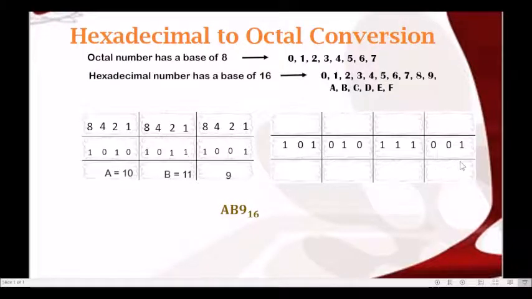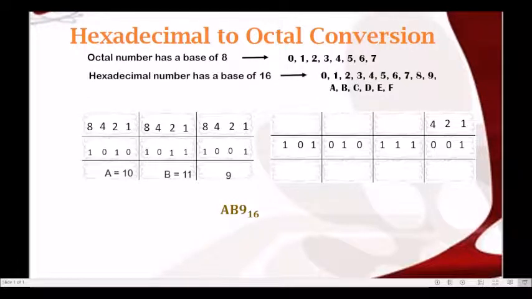And then we will be using as our index the equivalent value or the weight of the power of 2, starting from 2 raised to the 0 power, which is 1, then 2 raised to the first power, which is 2, and 2 raised to the second power, which is 4. So this is our index for the first group.